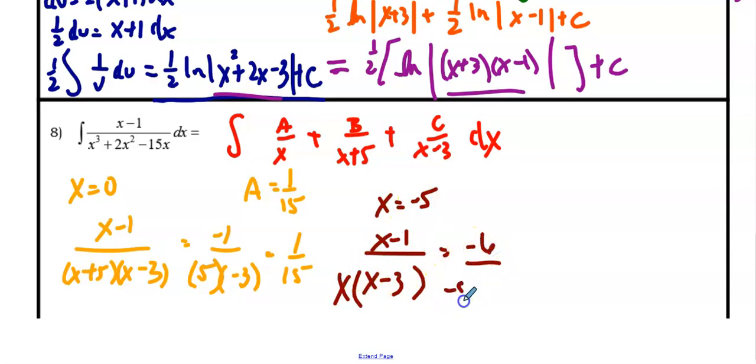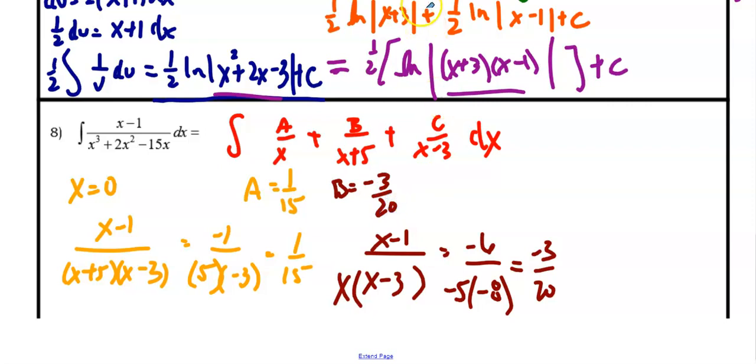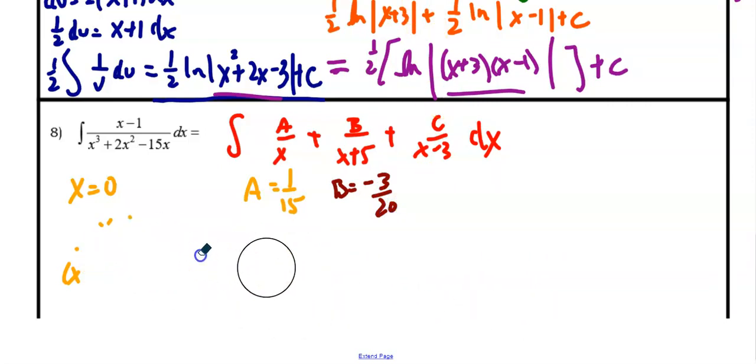We get negative 5 times negative 8, and that gives us negative 3 over 20 when we simplify it down. So b is equal to negative 3 over 20. Hopefully you guys are getting the idea of what to do here, because I think this is one of the easier concepts in calculus.